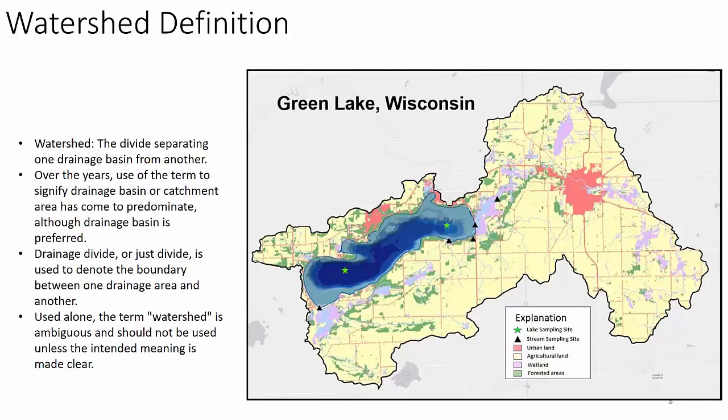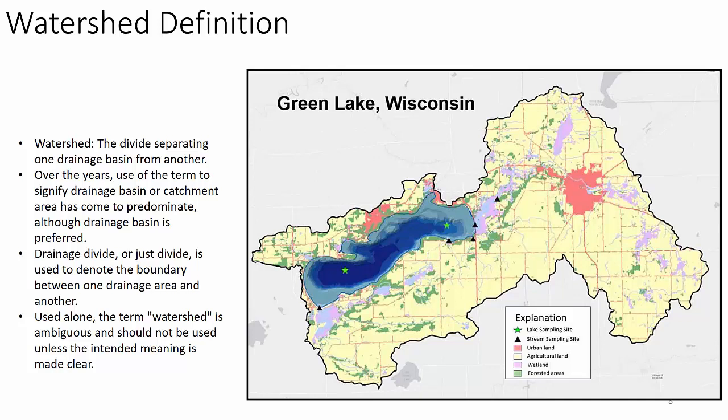So the watershed is the divide separating one drainage basin from another. The problem with the term watershed is it's used too generically. It's not adequately defined to be useful for hydrologists. We generally only talk about watersheds as the conceptual thing of the drainage basin or the sub-basin. Drainage basin is preferred, and sub-basin.